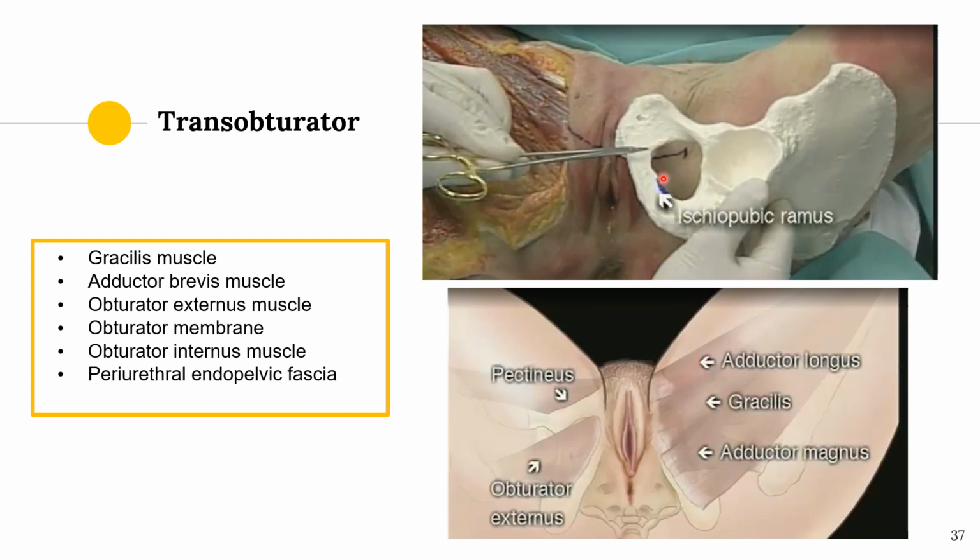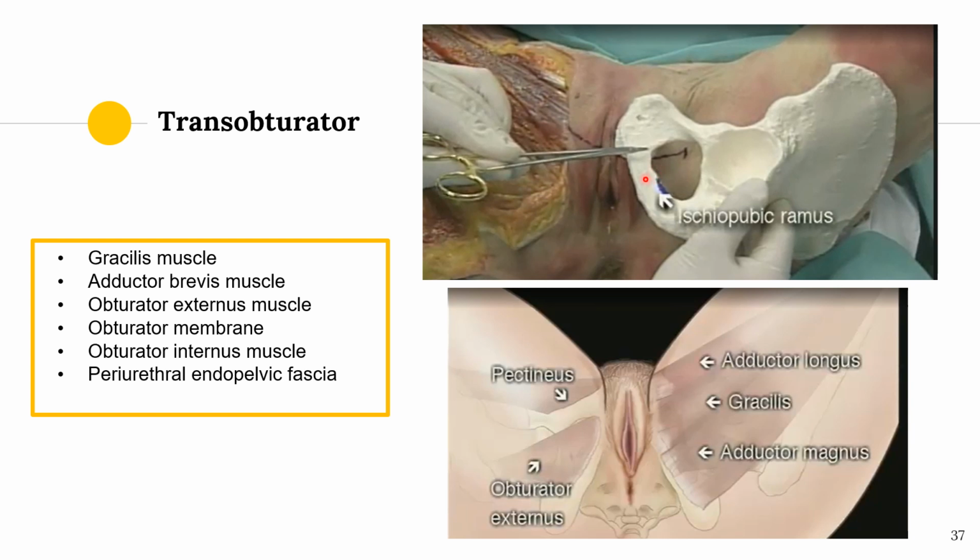We should be able to put our index finger in the tunnel to reach the ischiopubic rami, because this will be a guide for us to locate the incision that we want to make at the groin.